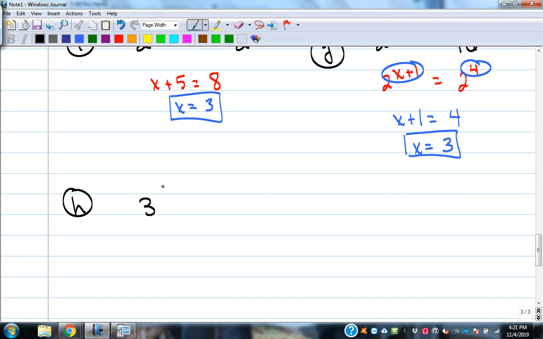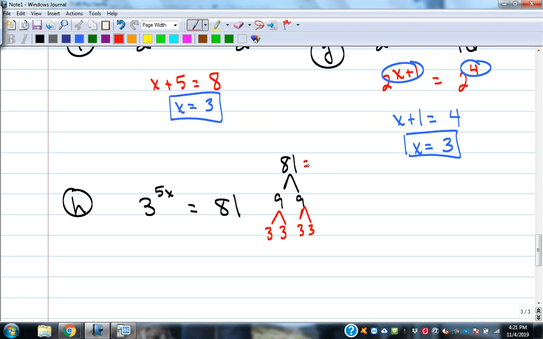Let's try this one. 3 to the 5x is equal to 81. Change the base a little bit here. So what do we know about 3? It's prime, so I know I can't do anything to that side. So I've got to think, how can I rewrite 81 as a bunch of 3s? If I think about 81, that's 9 times 9, and then that's 3 and 3 and 3 and 3.